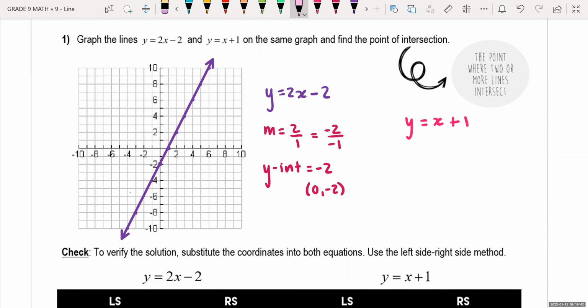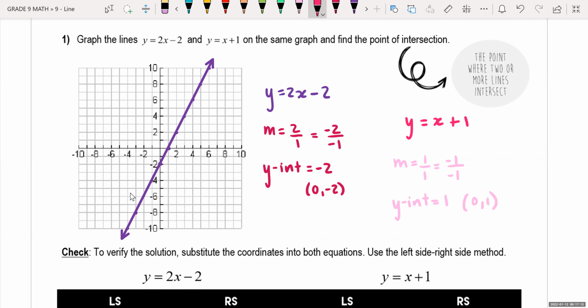And what do you think is the y-intercept? Also 1, yeah. So I'm going to write that the slope is 1 over 1, or another way to write it is negative 1 over negative 1. And the y-intercept is just a positive 1. As a coordinate, it's (0, 1).